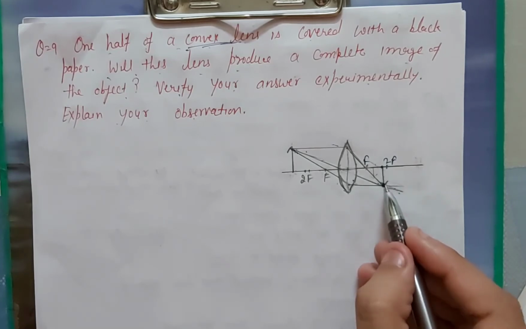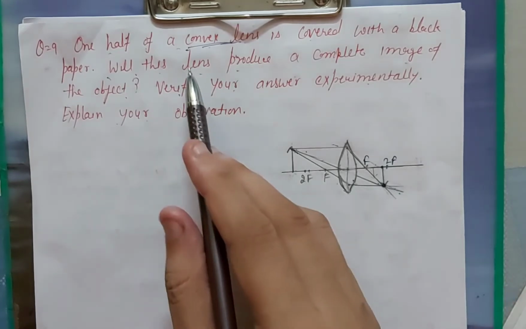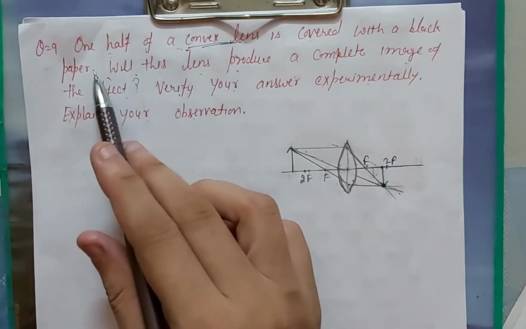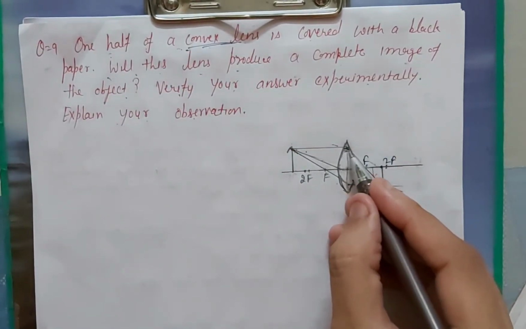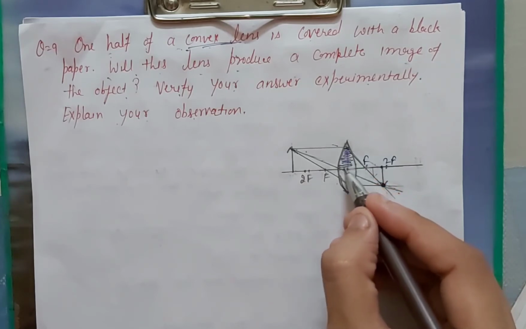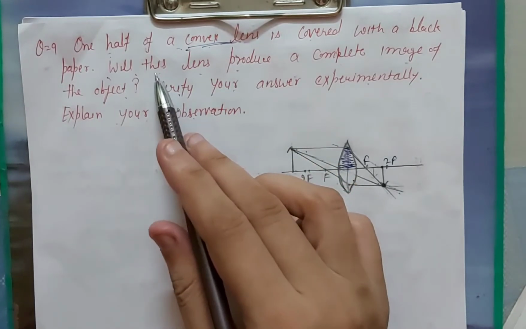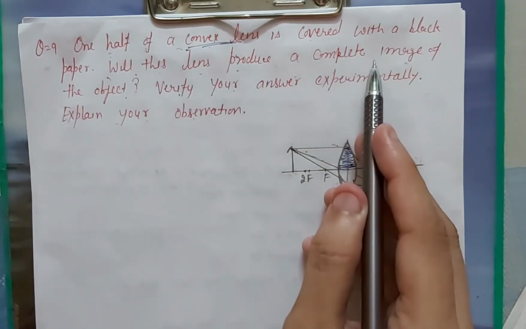So this is the image formation. Now if one half of a convex lens is covered with a black paper, suppose we cover this half with a black paper, then will this lens produce a complete image?